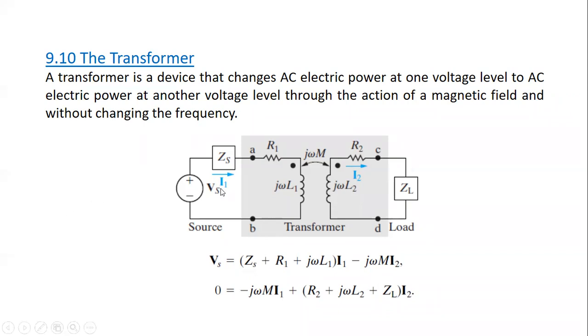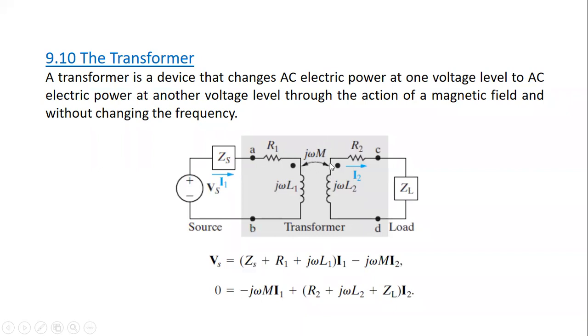If I want to describe it in a simple way, it is composed of 2 coils, and these 2 coils are magnetically coupled. And this is, as you see, the magnetic coupling M.